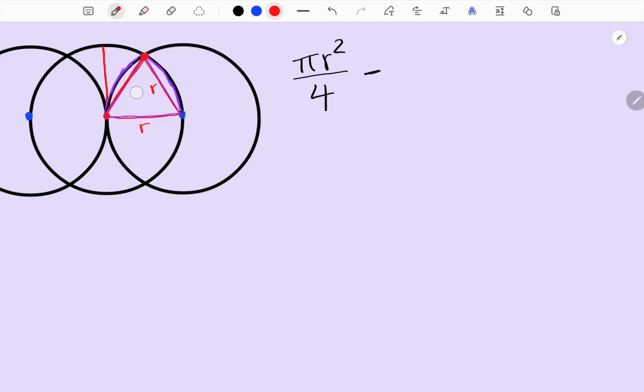So we have a triangle where all 3 sides are the same. That means we have an equilateral triangle. That's pretty nice.